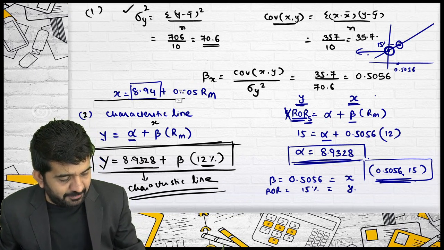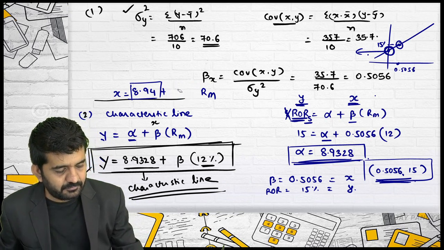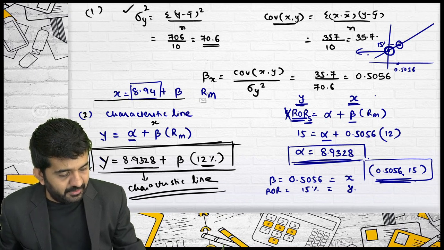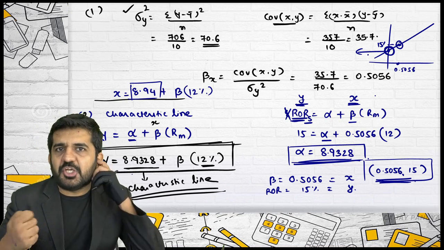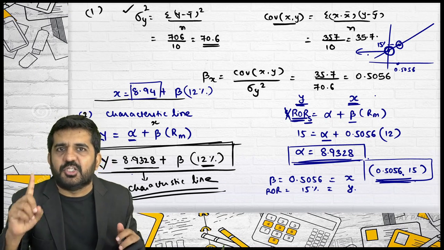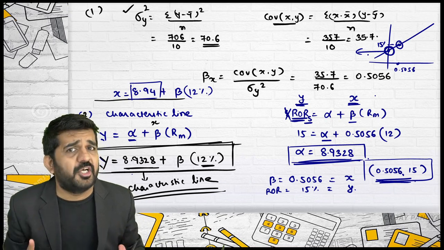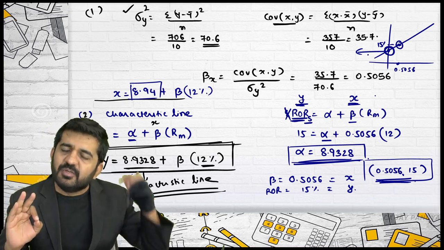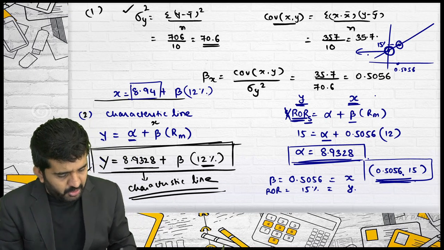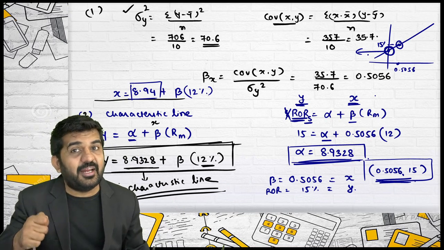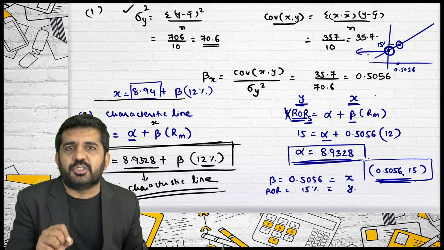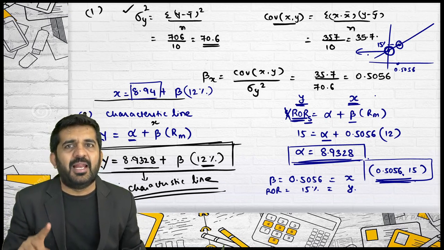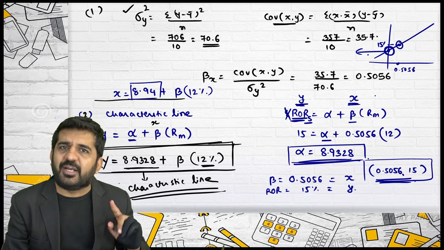So this should be kept as it is: beta, and you should write down the actual RM, which is 12%. Even if it is not matching the suggested answer, always write this. Be absolutely logical, and then you will always get good marks. So this is my characteristic line, incorrectly written in the suggested answer. Write in brackets that it is incorrectly written in the suggested answer. Don't follow blindly what is incorrect. You need to rectify it.